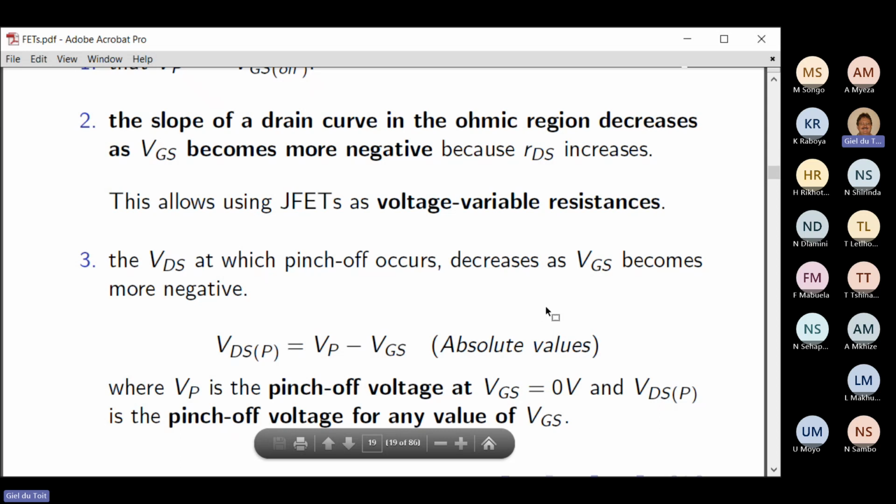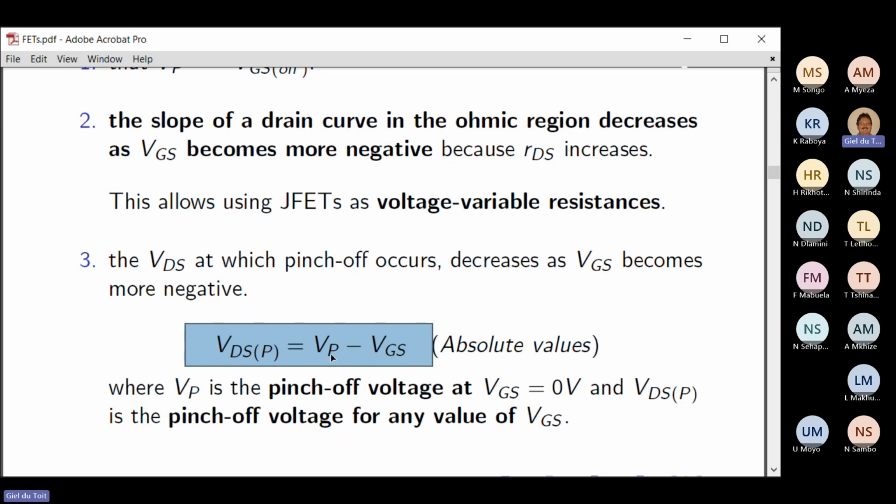It's not really important. As long as you understand the pinch off and this formula, just also remember to learn this formula. So we've got a pinch off voltage and a gate source voltage, and therefore we can now calculate the drain source voltage at pinch off. That's why there's a P in brackets here.